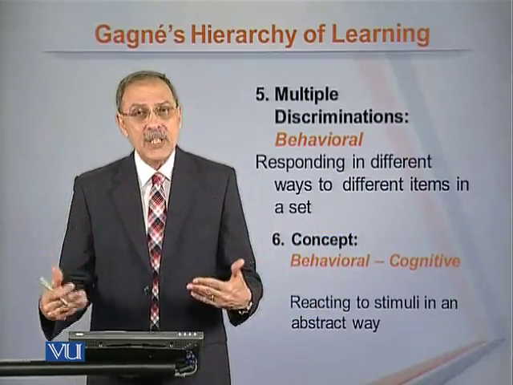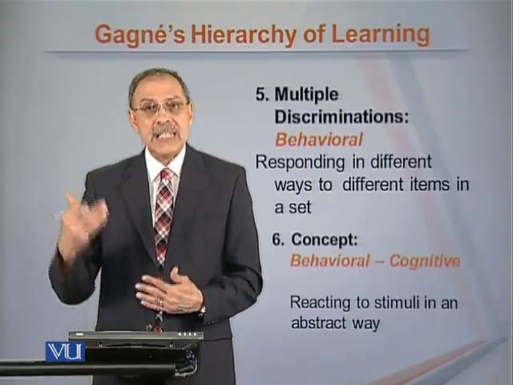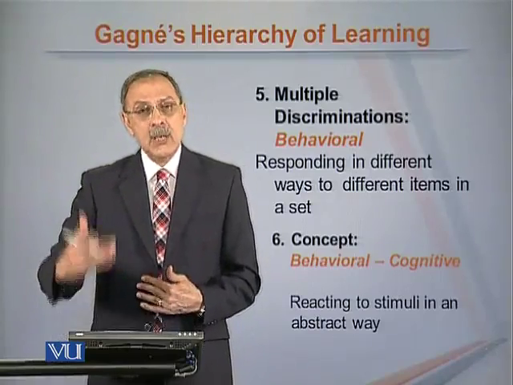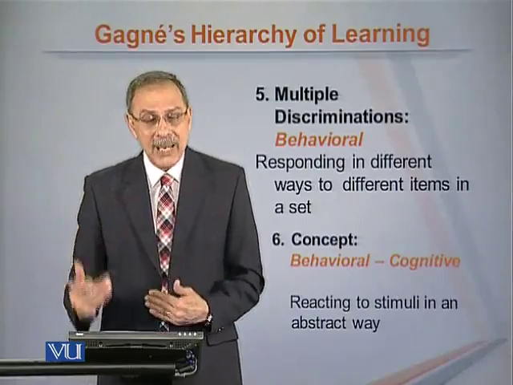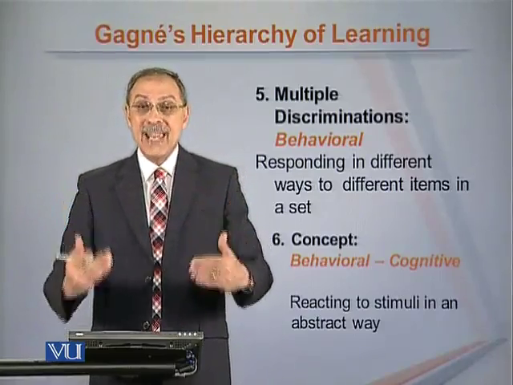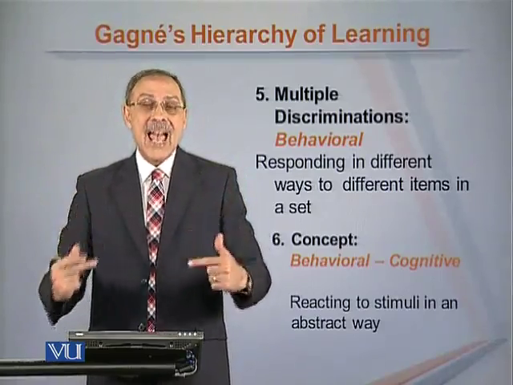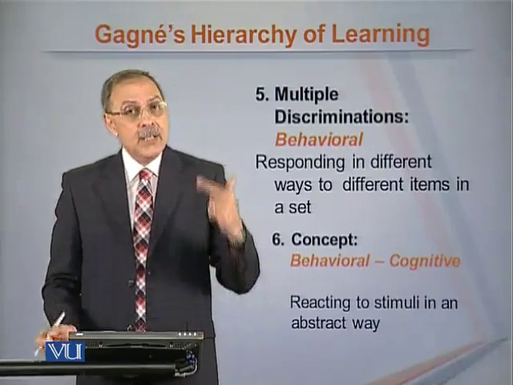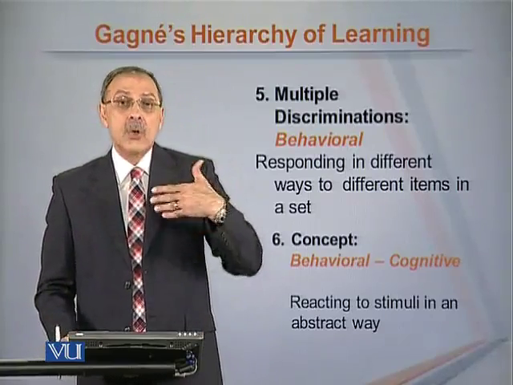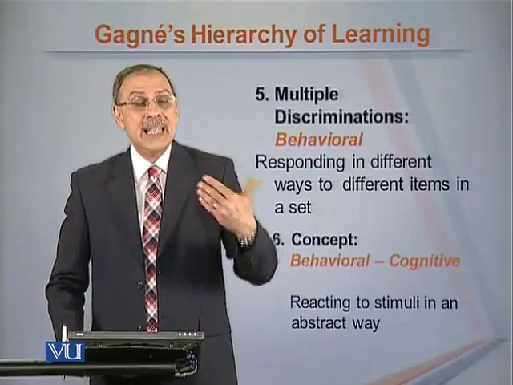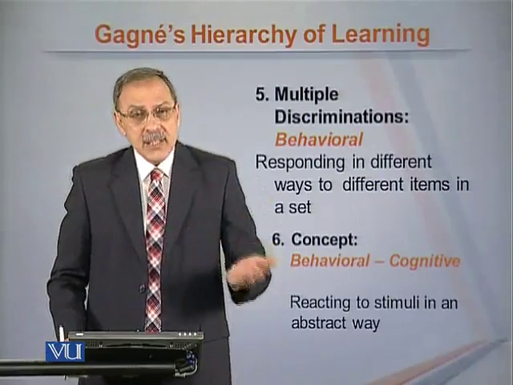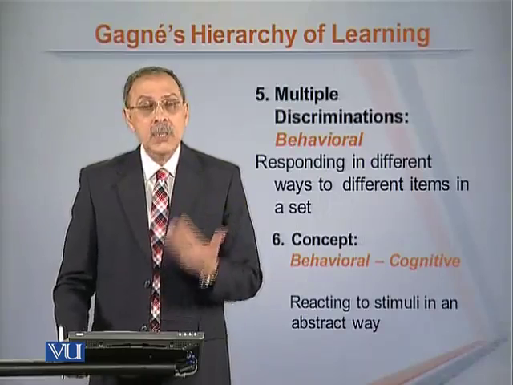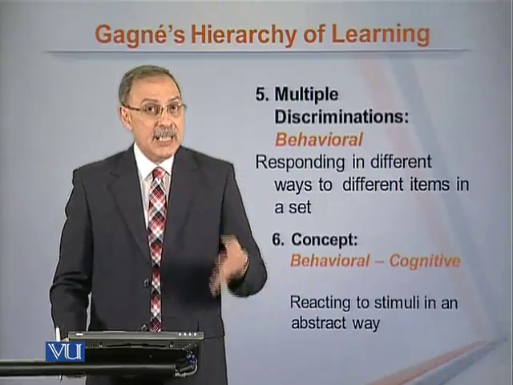In different situations, individuals, young people, students will behave in different ways, will discriminate based on what is right at that moment. We have to allow students options and choices in our classrooms. How else are they going to learn to do multiple discrimination? It's not easy.